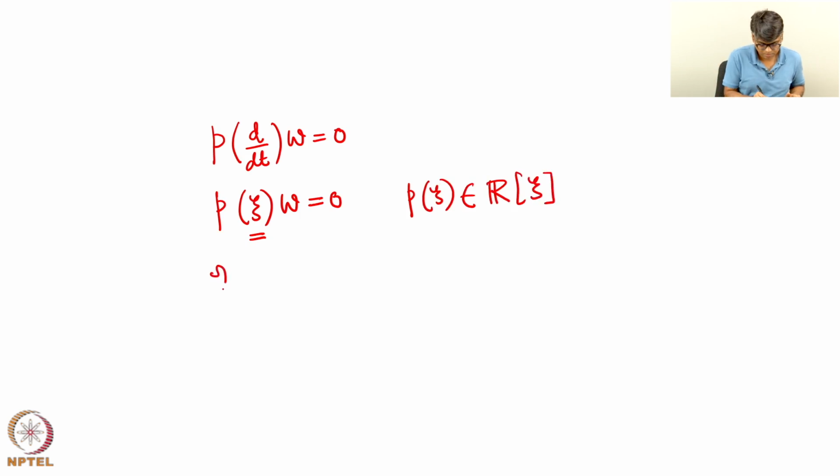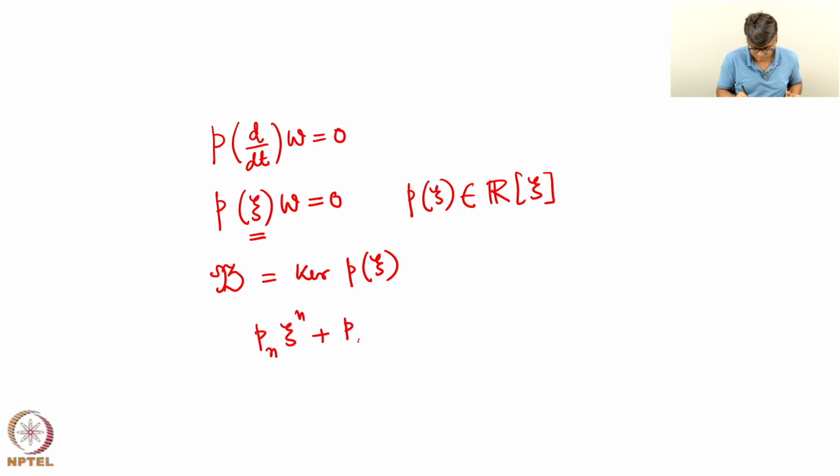Of course, the behavior in this case is the kernel of this polynomial, isn't it? How to solve for this? This polynomial will have a shape in general which would look like p_n xi to the n plus p_{n-1} xi to the n minus 1 and so on up to p_1 xi plus p_0.